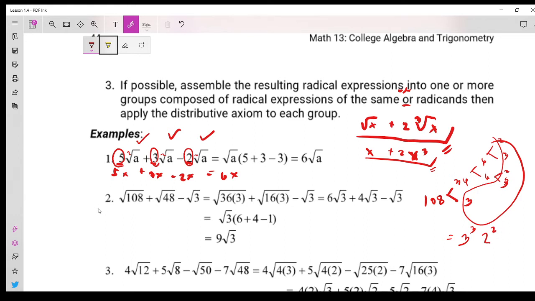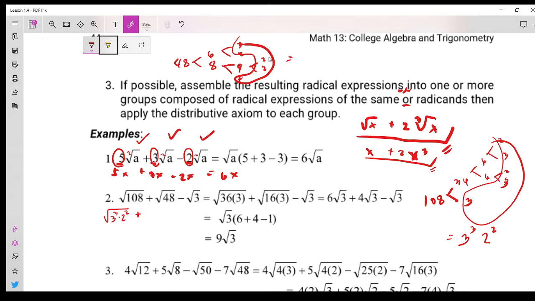So 108 is equal to 3 cubed times 2 squared plus 48. What is 48? 48 is 6 times 8. 6 is 3 times 2. 8 is 4 times 2. And then 4 is 2 times 2. Get the outermost factor.